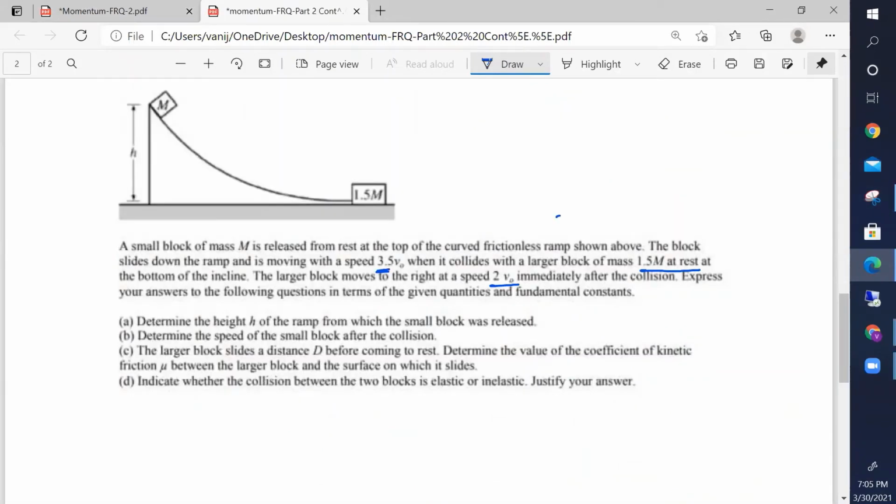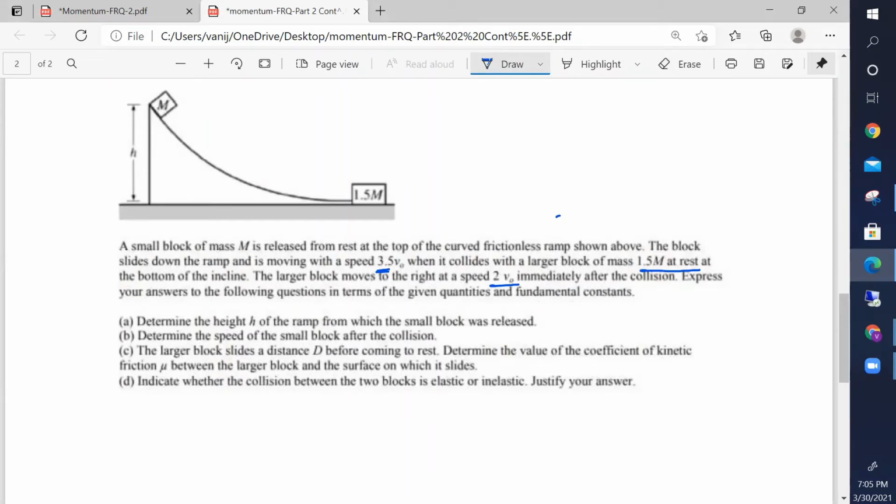Let's go ahead and take a look at C. The larger block slides a distance d before coming to rest. Determine the value of the coefficient of kinetic friction mu between the larger block and the surface on which it slides.